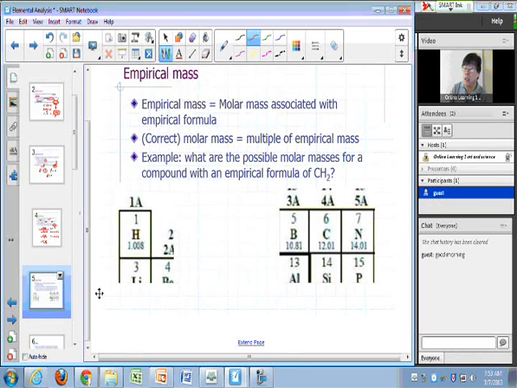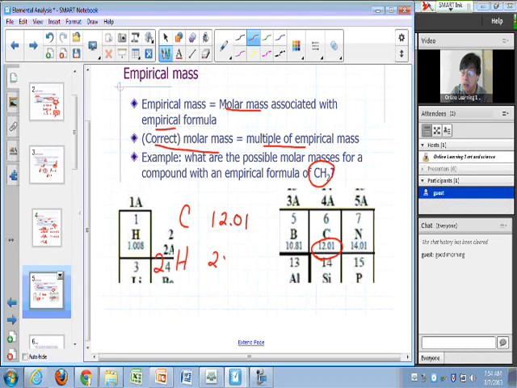Empirical mass would be the molar mass that's associated with the empirical formula. Since the molecular formula is just a multiple of the empirical formula, then the correct molar mass for your compound would be just a multiple of the empirical mass. So let's calculate the empirical mass of CH2. Carbon, if you look at your periodic table, has an atomic mass of 12.01. So the molar mass of carbon is 12.01 grams per mole. And two hydrogens would be 2 times 1.008.